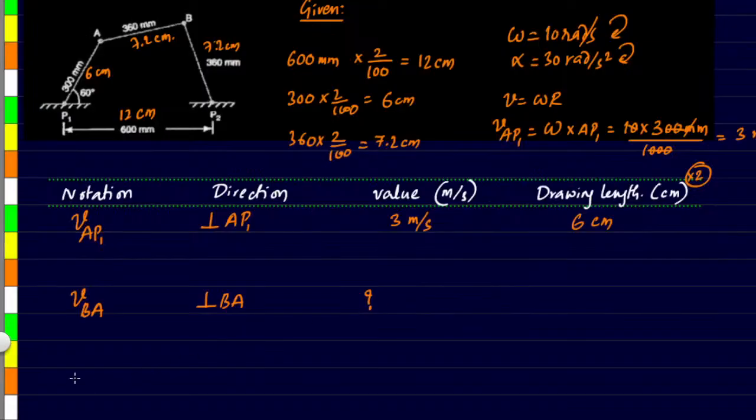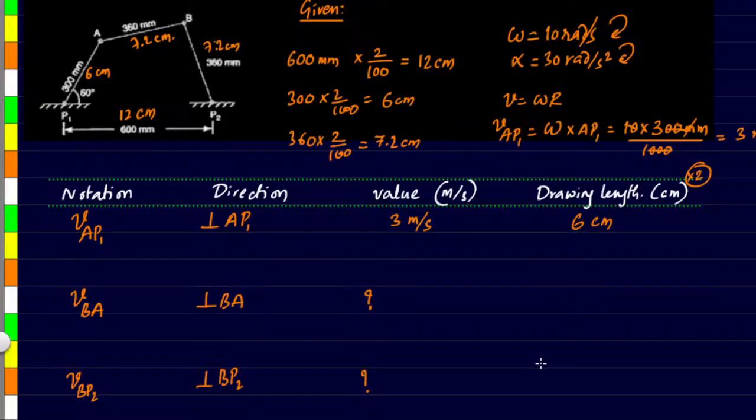Then we also need the velocity of B with respect to P2, which will be perpendicular to BP2. Again, we don't know the velocity; we will have to measure it in the diagram and convert it back to get this value as well.